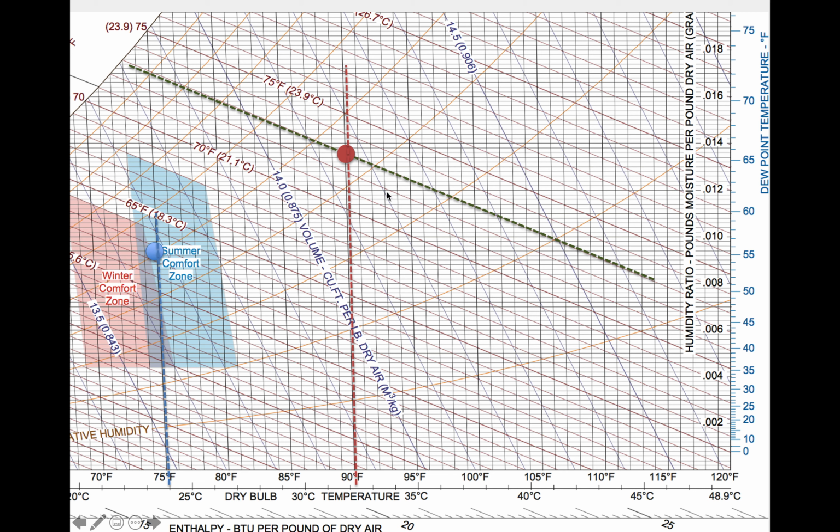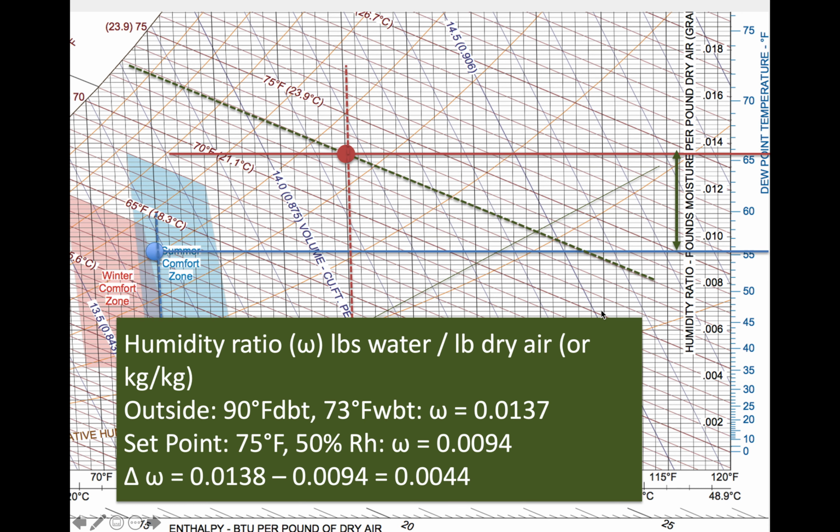And now we can figure out the absolute humidity, or the humidity ratio, for each of those conditions by reading over here on the absolute humidity line, right? So we look at both of those, and we're looking for the difference in moisture, the difference in humidity ratio.